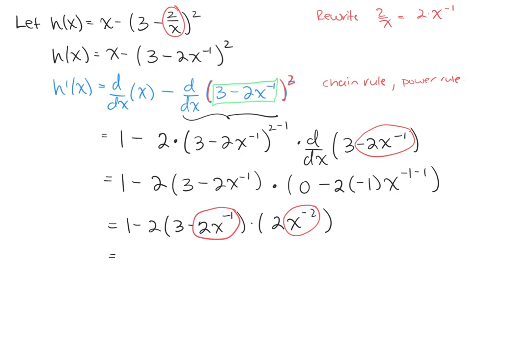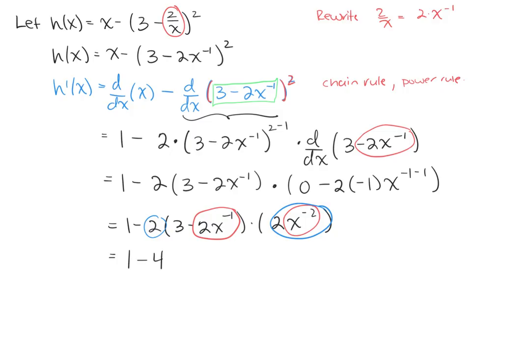So if we rewrite this, that gives us 1 minus 2. Actually, before I rewrite that, do you see here that I've got this 2 multiplied by this term here? So let's go ahead and multiply those terms together. I've got 2 times 2x to the second power.